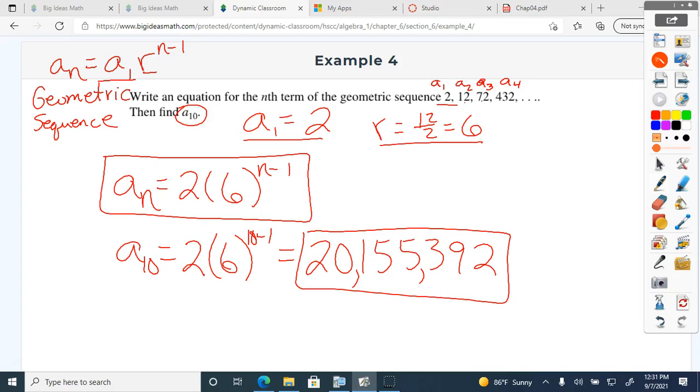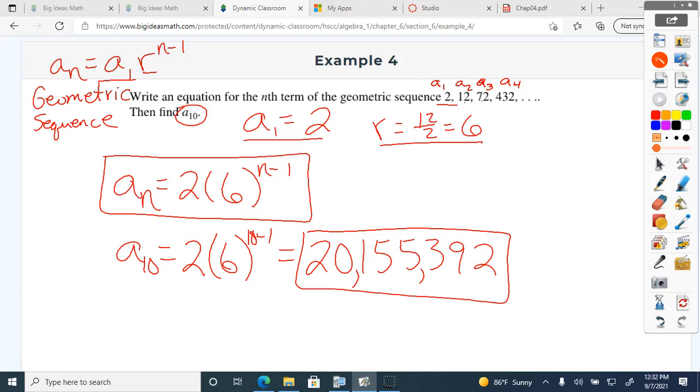If you wanted the 100th term, you could just plug in 100 and figure out what the number would be if I kept going 100 numbers. Do you think it'd be pretty big? Yeah, we're already at 20 million and we're just at 10. It would be crazy.